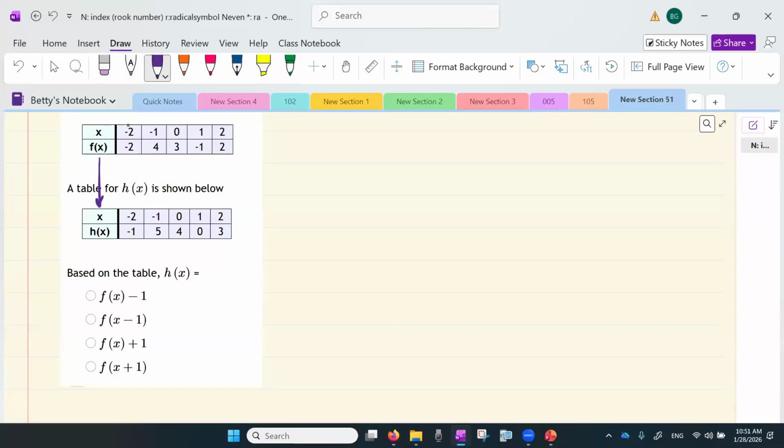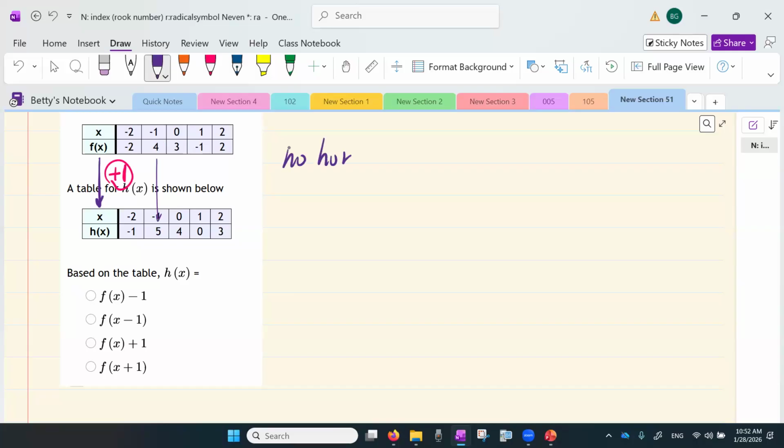Vertically, the y value changed from -2 to -1. -2 plus 1 gives -1. 4 plus 1 gives 5. 3 plus 1 gives 4. -1 plus 1 gives 0. 2 plus 1 gives 3. So obviously, no horizontal shift.